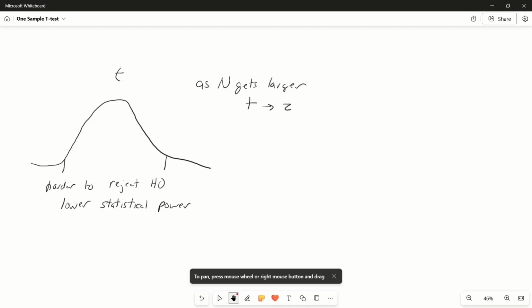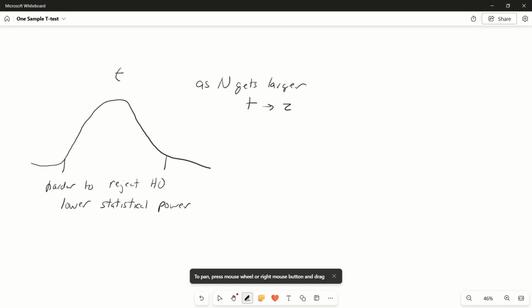When you're over 100 or so, t and z are very close together. The other difference is that with z, the normal distribution, we're only looking at one curve that's always the same. With t, we have a different curve for every different degrees of freedom. So as n gets bigger, the curve keeps changing and it becomes more and more like z.